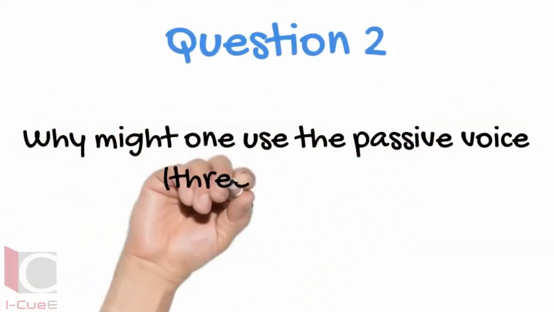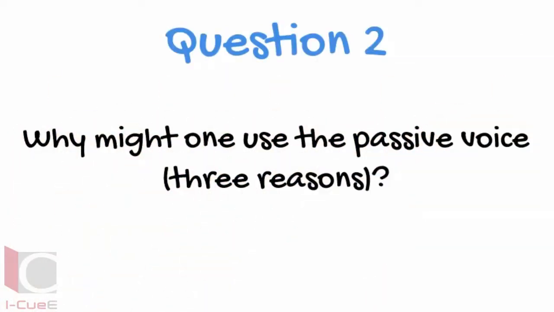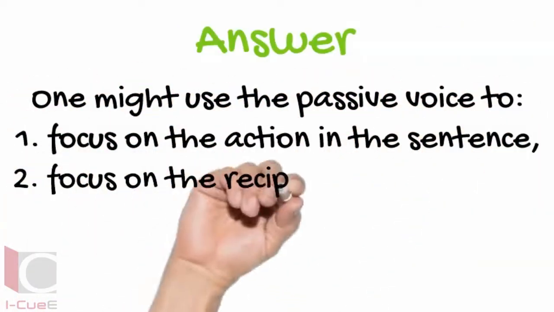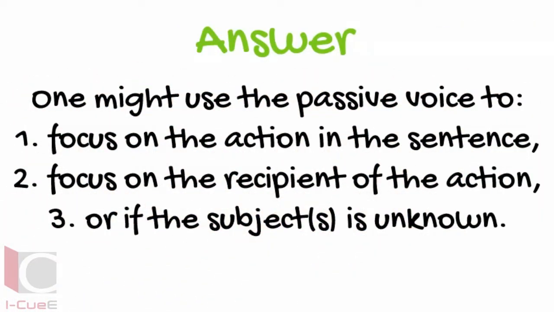Why might one use the passive voice? Three reasons. One might use the passive voice to focus on the action in the sentence, focus on the recipient of the action, or if the subject is unknown.